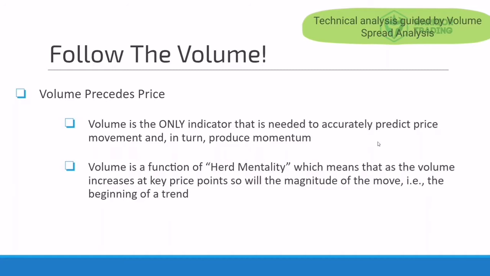Okay, so now that we've covered the basics of volume and market structure, I want to move into a few examples where I'm actually going to show you visually how to interpret what you're seeing on your charts. Right.